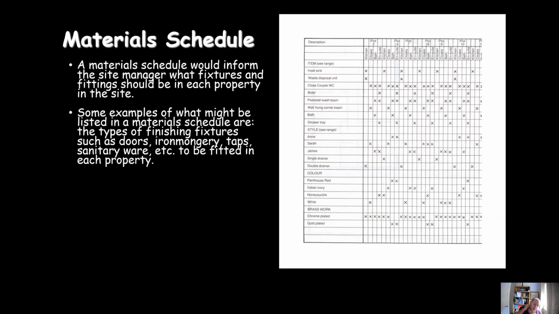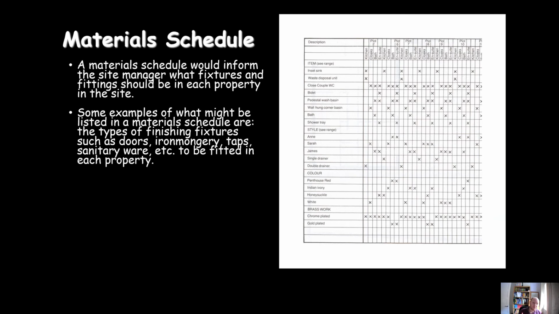Material schedule. So the Programme of Works tells us when each job should be carried out, which task. The material schedule tells us what we should be installing in each property, because each property is going to have slightly different things fitted in it. Normally people will buy before it's even built, and they'll specify what they want in the bathroom, for example.